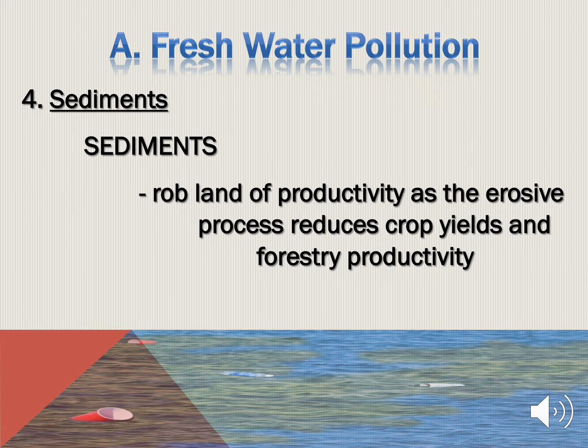So we've got many cases throughout the world where crop yields are actually going down, and part of this is because of the loss of topsoil. Well, that topsoil ends up as sediment in rivers. Same thing with forestry. If we don't have good harvest practices, we reduce forest productivity for future forest generations.